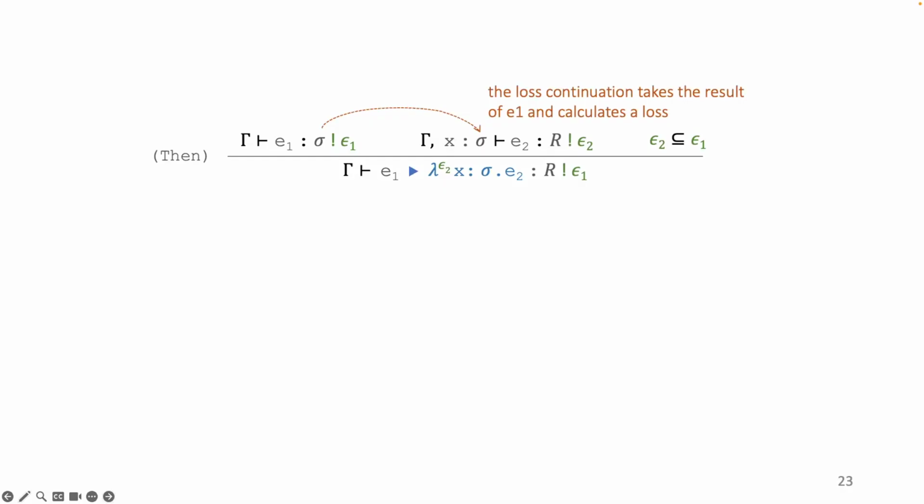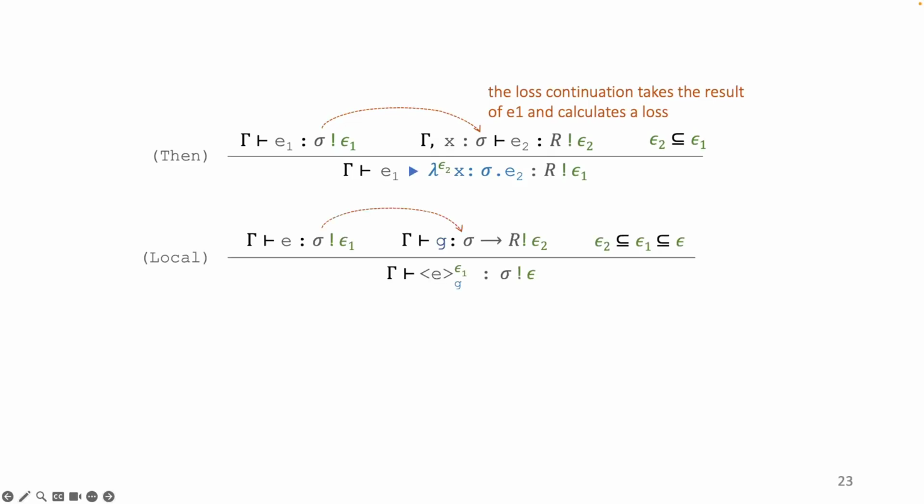So E1 has the same type as X. And local works similarly. This E has this type sigma, which is going to be passed to this loss continuation G that will take the result of E and calculate the loss R. And all those side conditions on the effects are basically just needed for type safety.